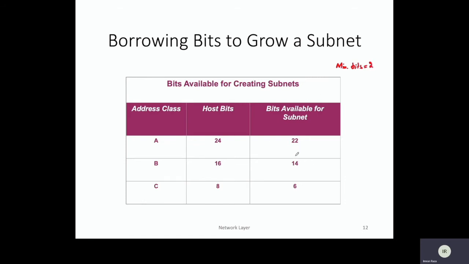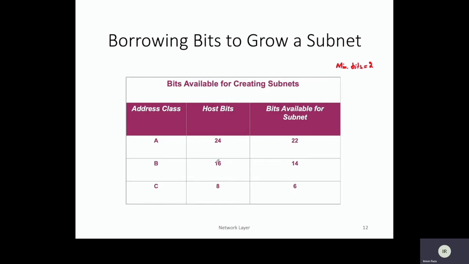What is the maximum number? In class A, we have 24 bits. We have to leave 2 bits for the network and broadcast address. So we cannot borrow all of these 24 bits, right? So the maximum number of bits that we can borrow for the subnetting process is 22.